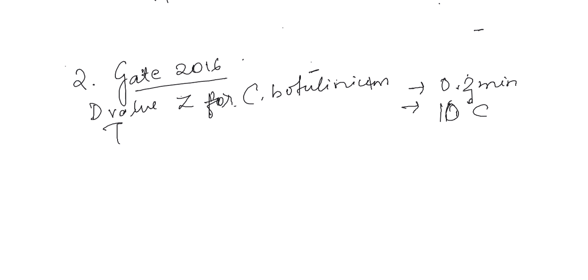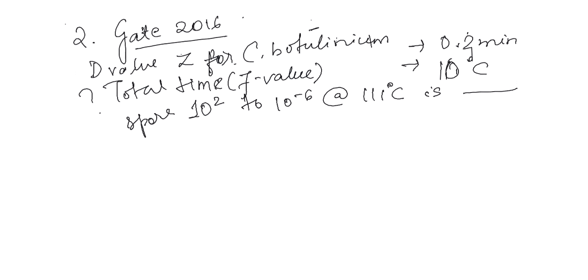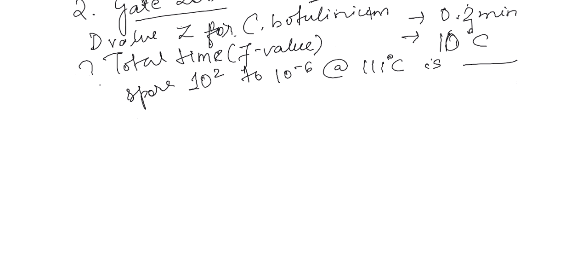What is the total time? That means it has been asked for finding out the total time, which is your F value. The D value and Z value are given. You have been asked to find the total time to reduce the spores from 10 to the power 2 to 10 to the power minus 6 at 111 degrees Celsius.